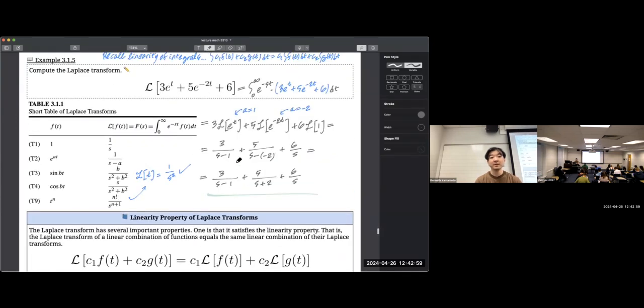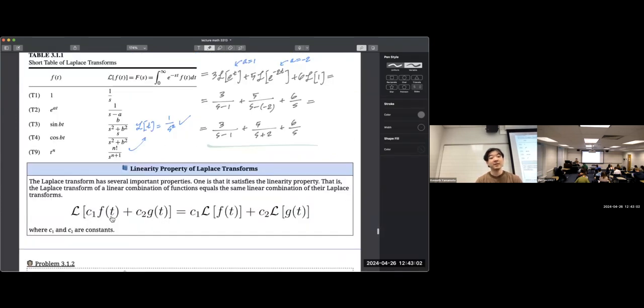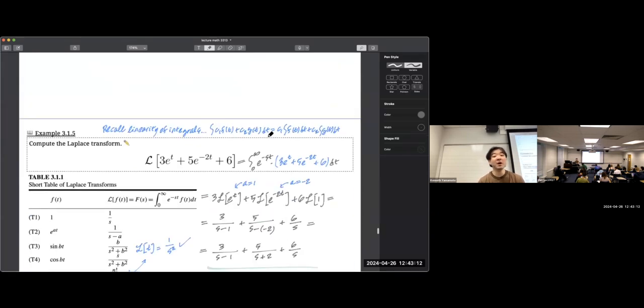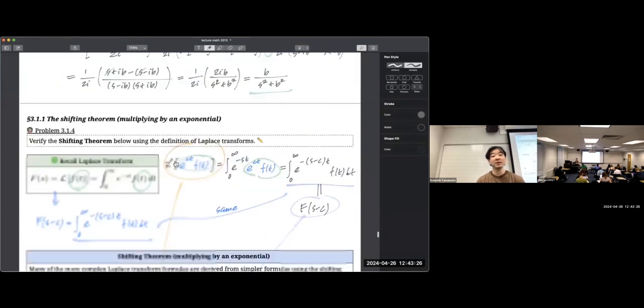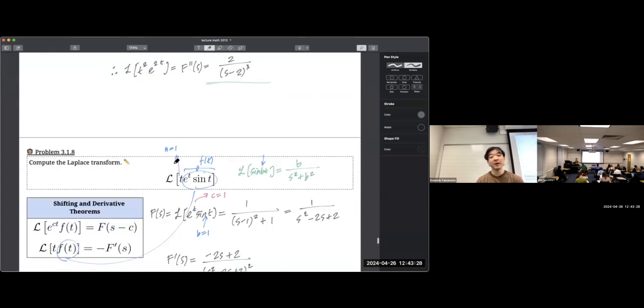I said the Laplace transform of two things added together, you can even pull the constants out, and you can just compute the sum of the Laplace transforms. That's because Laplace transforms are integrals, improper integrals, and the integral of two things added together is just the addition of those two integrals, and you can pull constants out of integrals. So it's following from this property of integrals that Laplace transforms can be broken up that way.